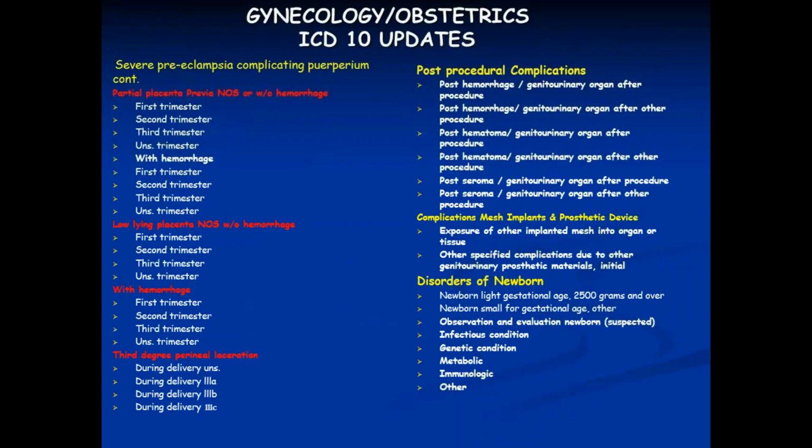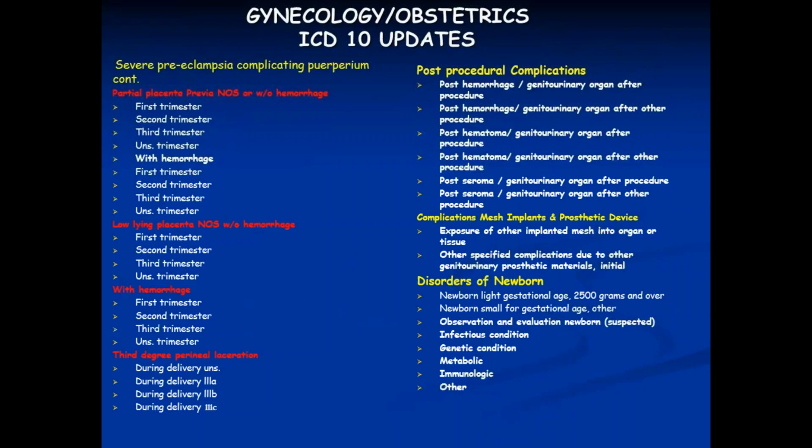We also have complications listed for implants, and we hear it on the news all the time, somebody saying, if you've been done by, call this attorney. So we have mesh implants listed now too.